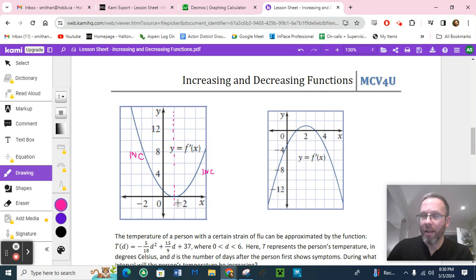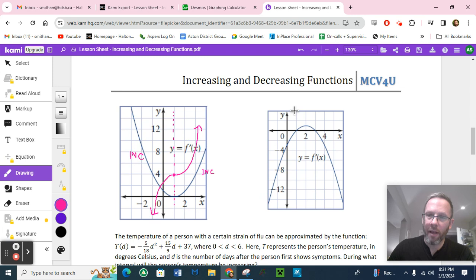This function is always increasing, except at one point, x equals 1, where it's momentarily equal to 0. What would that look like as a cubic function? Well, I'm just going to draw something like it could look like this. It could look like your standard cubic y equals x cubed, just kind of shifted a little bit. Could look something like that. That's a function that's always increasing, except the derivative is momentarily 0 because the tangent line is horizontal at x equals 1. Otherwise, it's increasing. And you can see it matches the derivative very well.